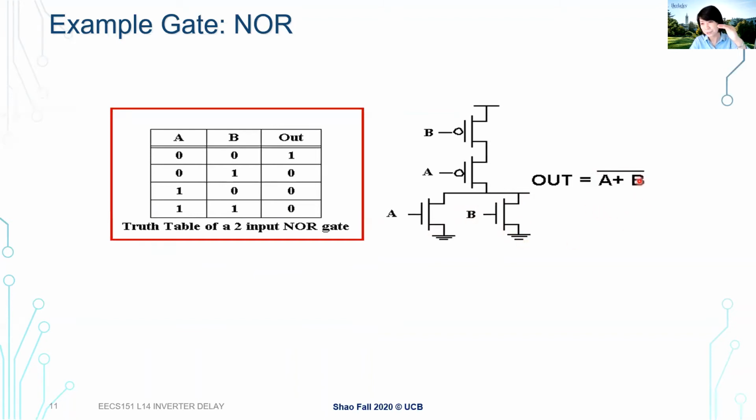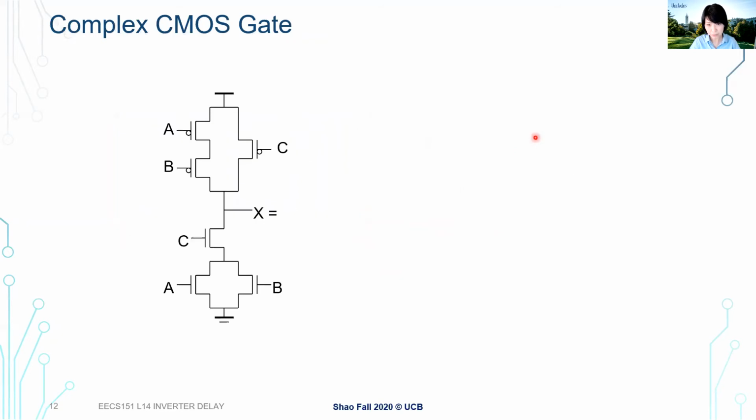So what is before the bar is applied is what we need to design in our pull down network, the NMOS part. And after you design the NMOS, just do the dual of that. So if you have a parallel gate in NMOS, we design a serial gate in our PMOS. That's how we do the complementary parts of NMOS and PMOS.